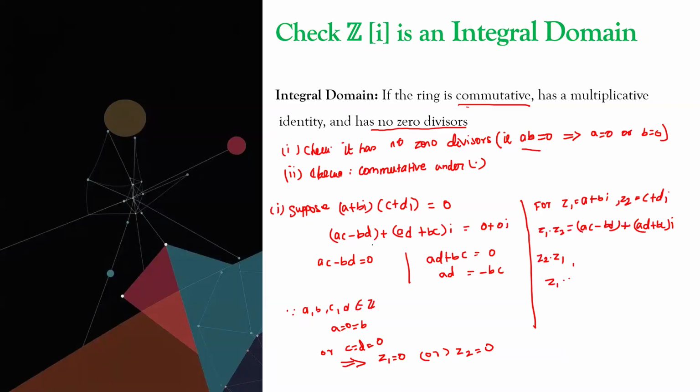So Z1 into Z2 is equal to Z2 into Z1. Therefore, it is commutative under multiplication, and we prove that it has no zero divisor. Therefore, Z of I is an integral domain.